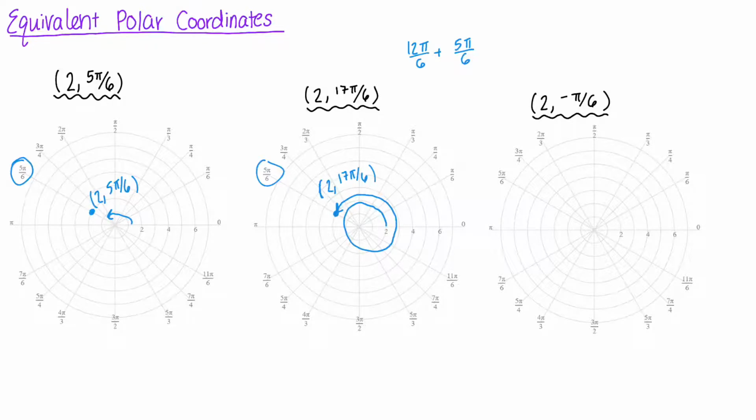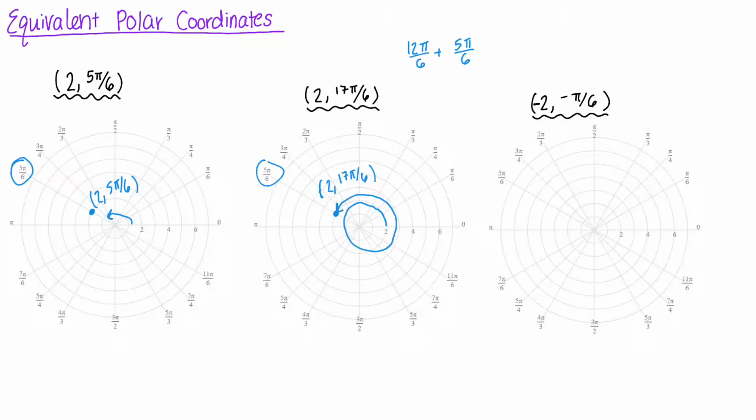So same exact point. Same with negative pi over 6. Hold on a sec. There's supposed to be a negative here. Sorry. Otherwise, we would have a much different point. So negative 2 comma negative pi over 6.